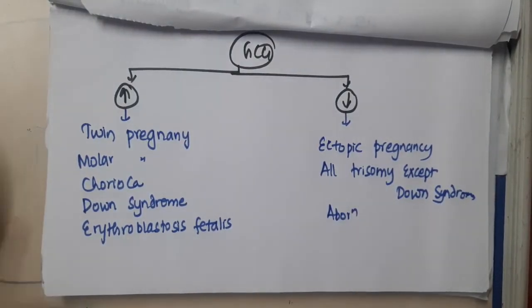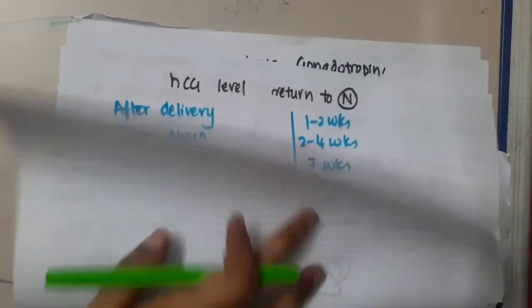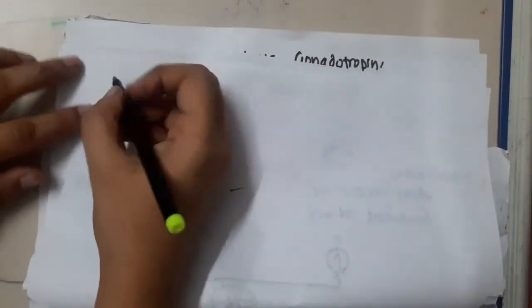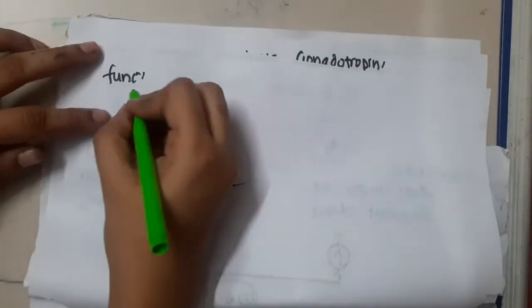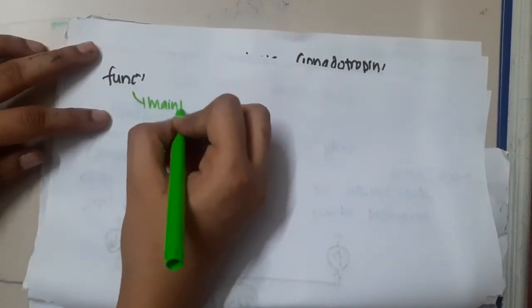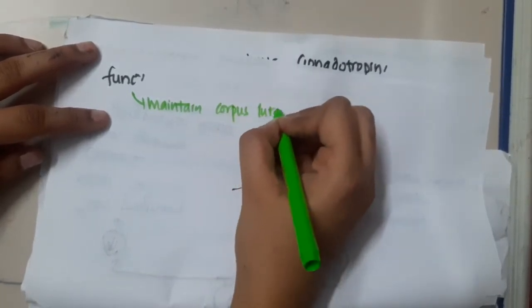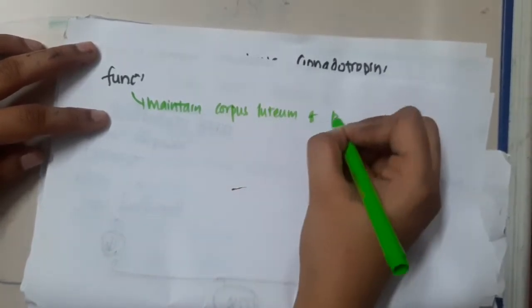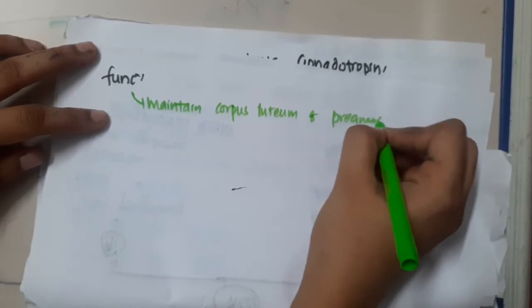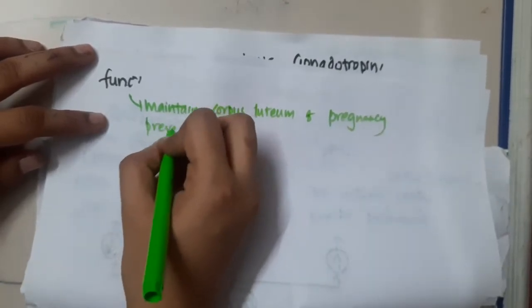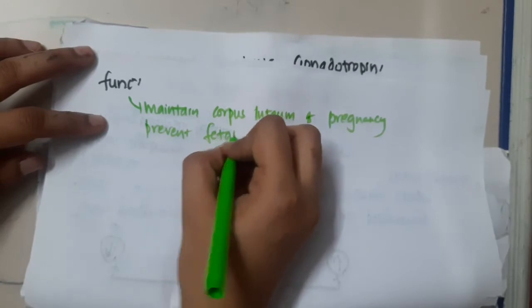Then what is the function of beta HCG? This beta HCG will maintain the corpus luteum of pregnancy. It will prevent fetal rejection.